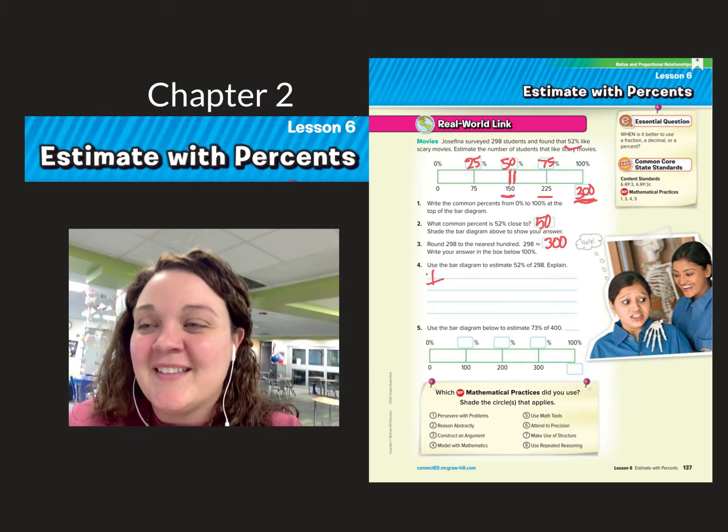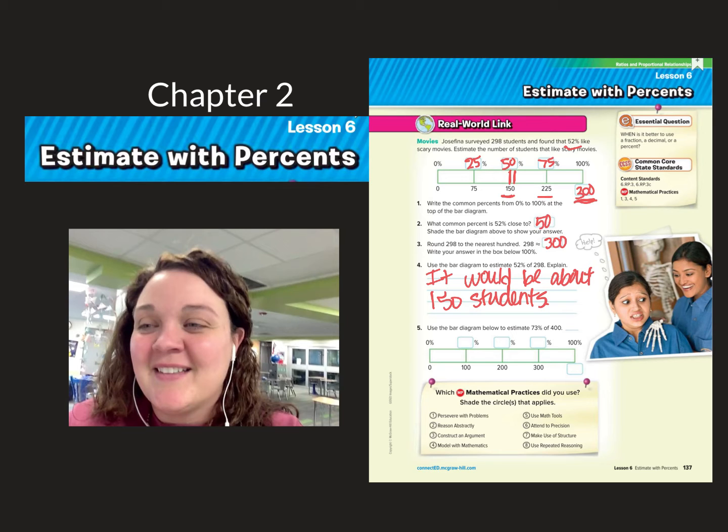So it would be about 150 students. I know I could say it should be a little bit higher than 150 students, maybe like 155 students. But 150 students is pretty close, and it's much easier to compute. So we're going to go with that.